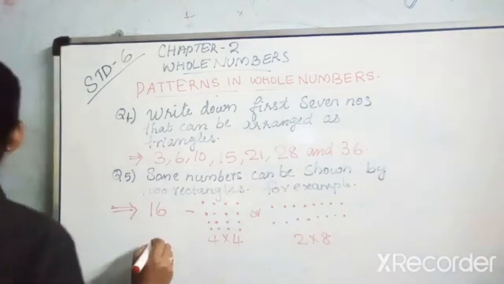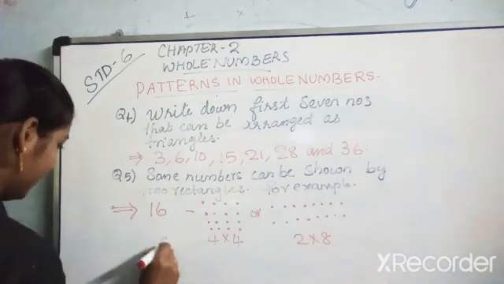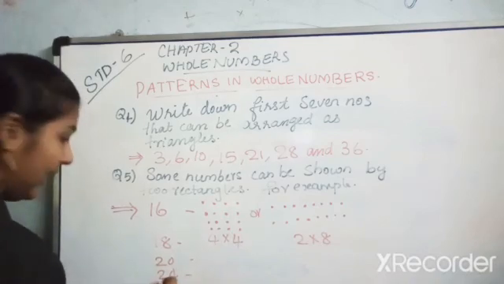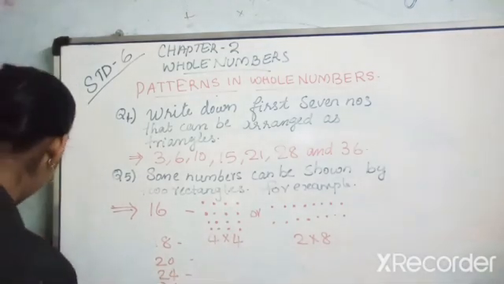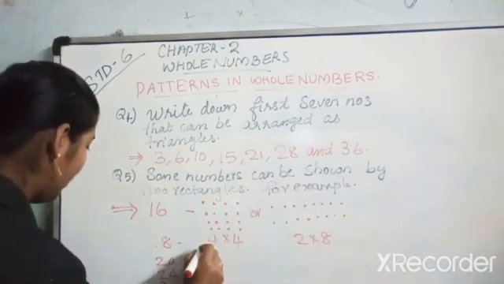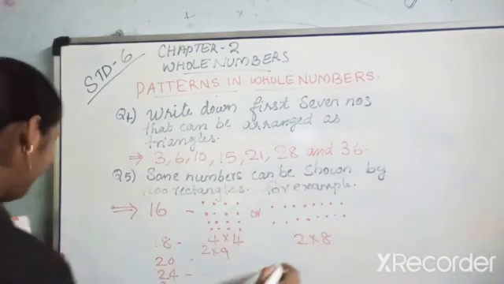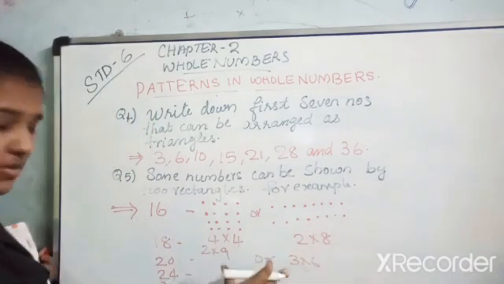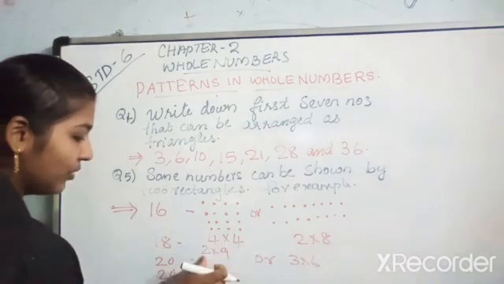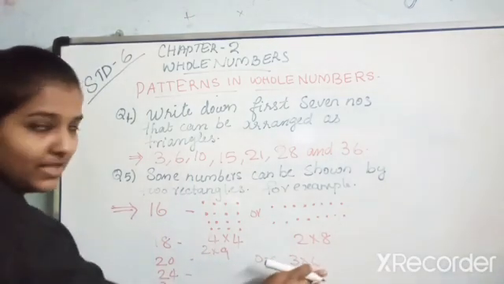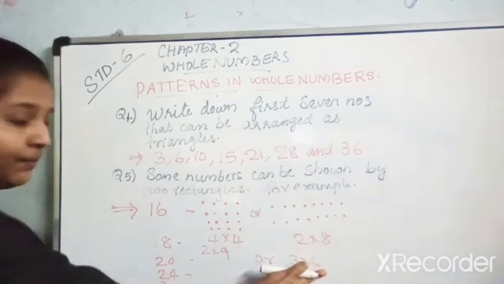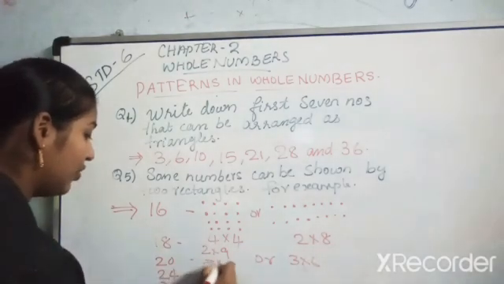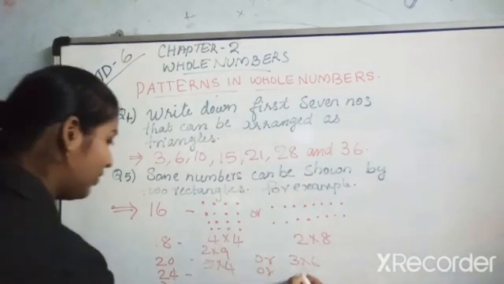Like this you can write the next numbers 18, 20, then 24 and 30 also. 18 you can write as 2 into 9 or 3 into 6. You should draw the dots also: 2 rows and 9 columns, 3 rows and 6 columns. Now the number 20 you can arrange as 5 into 4 or 2 into 10.